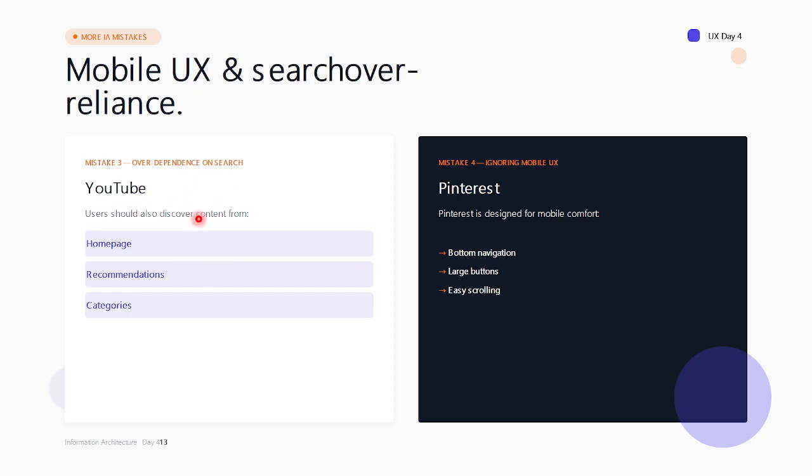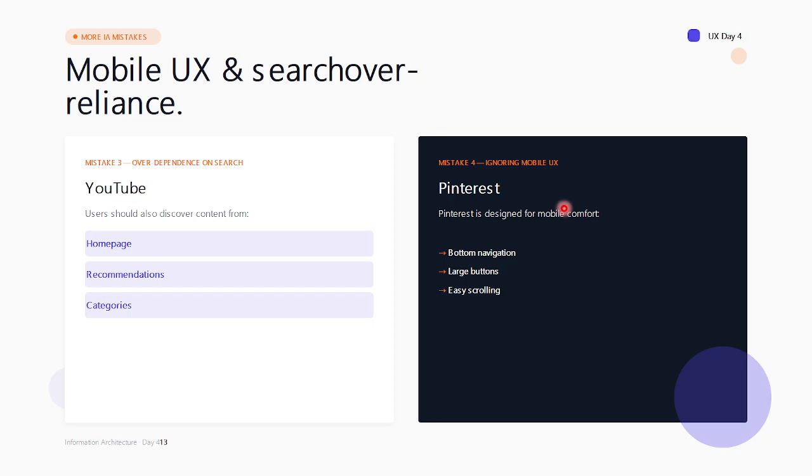In this, you can take YouTube as an example. Here, we can take content from the home page, recommendations, categories. These are under the navigation button only. We can't depend too much on search.